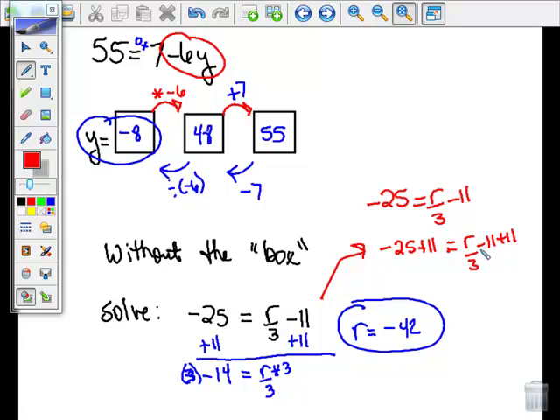So this is just the horizontal method. We're doing the same thing. We end up with negative 14 equals r over 3. And then they would just show the multiplication basically the same way, either with multiplying in parentheses or multiplying with the little star.